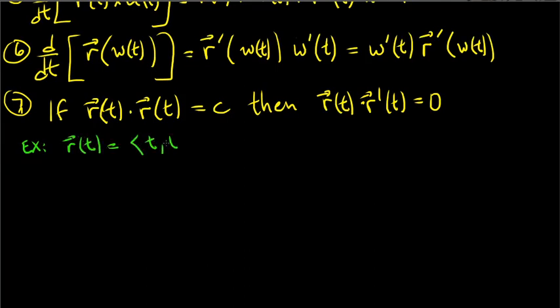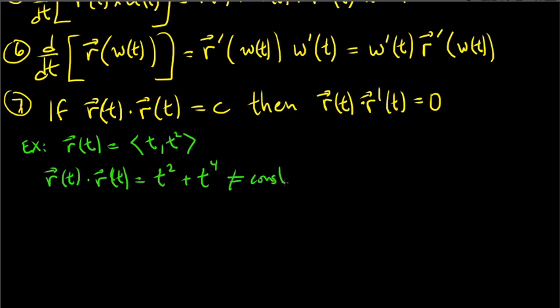How about t, t squared, the parabola. So just 2 components here. If I take the dot product of that with itself, what do I get? I get t times t, which is t squared, plus t squared times t squared, which is t to the 4th, and this is not a constant.